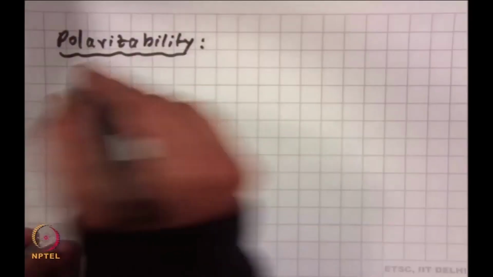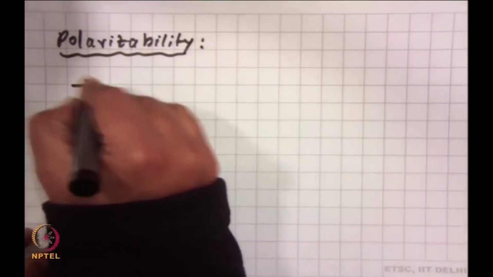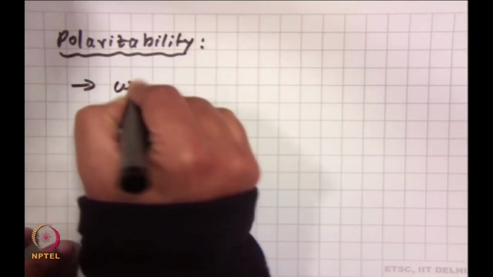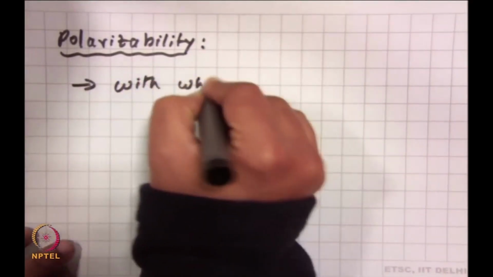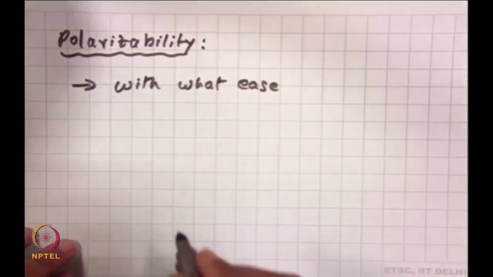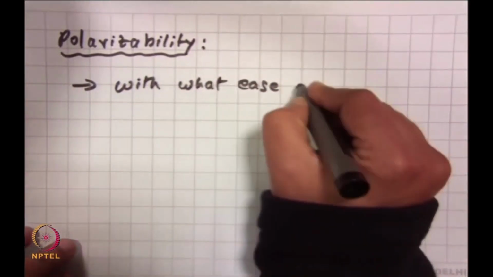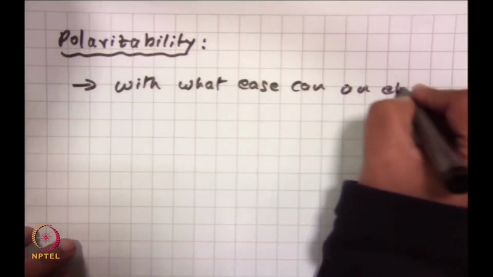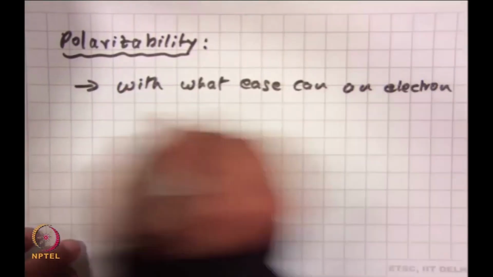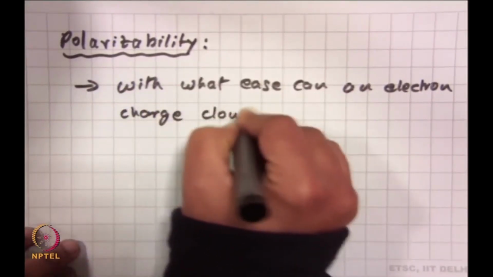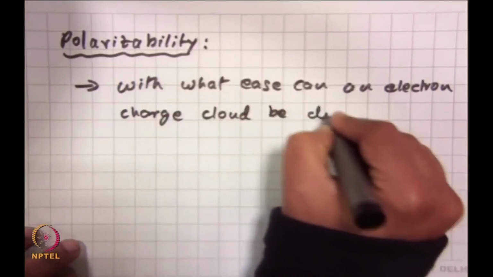So, this tells us with what ease, that means how easily can an electron charge cloud be distorted.